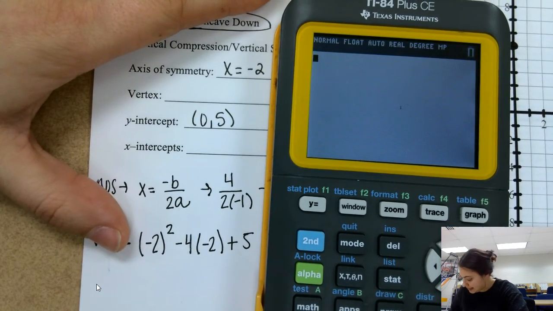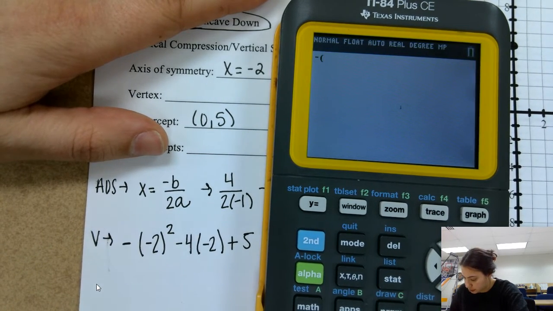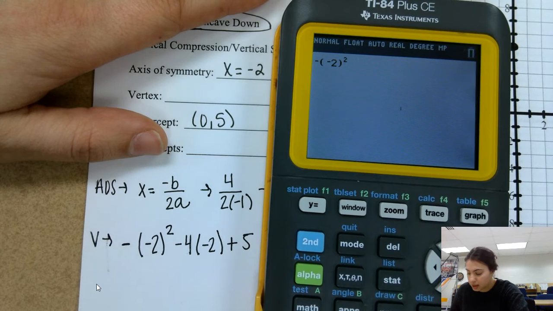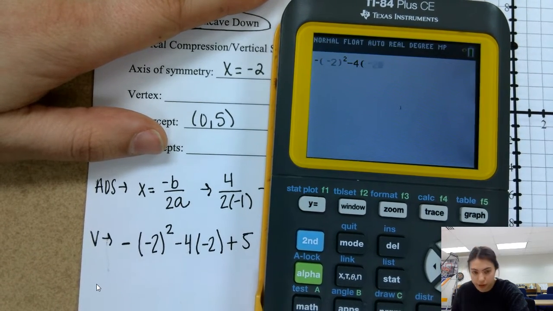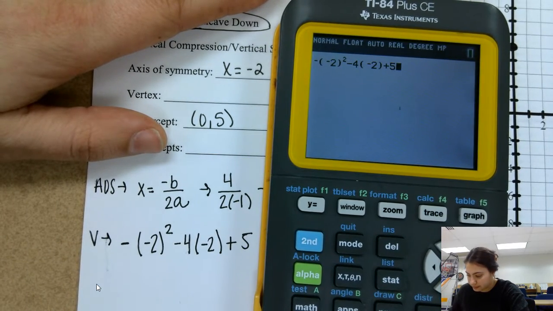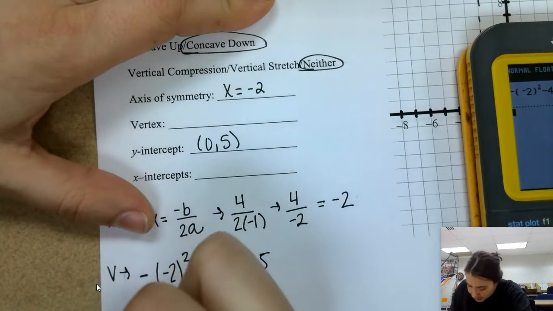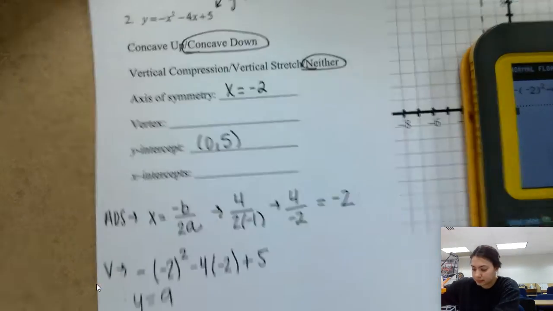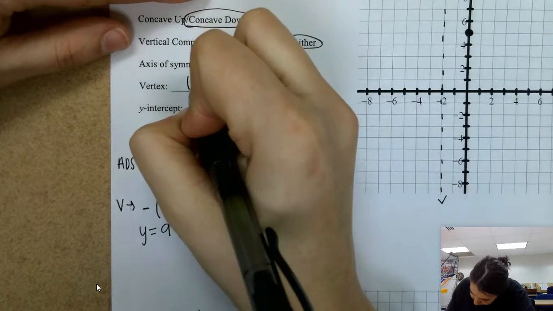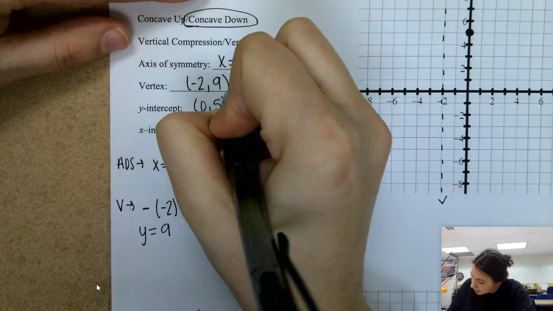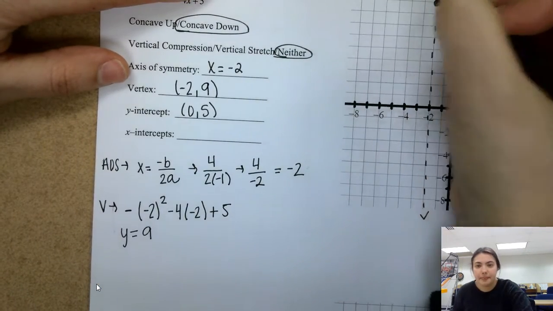We have negative 1 out in front, parentheses, negative 2 squared, side arrow over, minus 4 times negative 2 plus 5. And we get 9 as our value. So our y value is equal to 9, which means our vertex is (-2, 9). (-2, 9) is right up here.